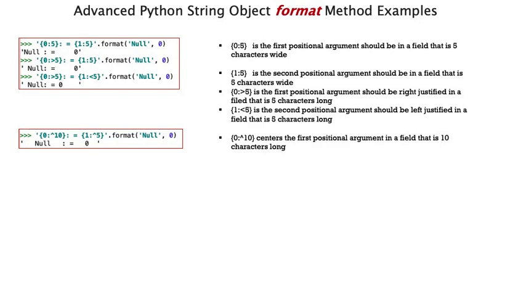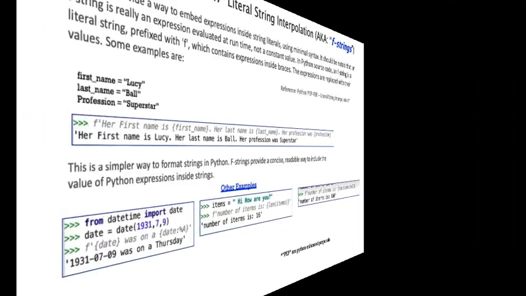And you can see the output. The output makes sense there. The final example is using the caret character, and that is caret 10. This simply centers the output, and it happens to be here in a field that is 10 characters long, and the second example does the same, only it's in a field of 5 characters.